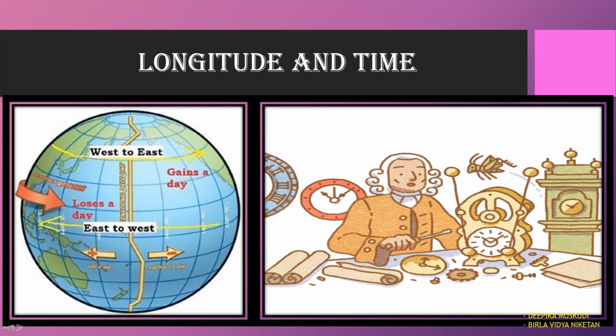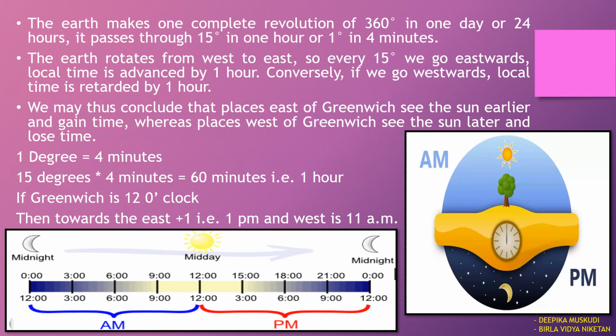As the earth rotates from west to east, those places east of Greenwich will be ahead of Greenwich time and those to the west will be behind it. The earth makes one complete revolution of 360 degrees in one day, or 24 hours.